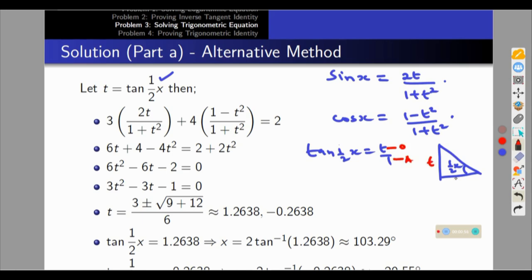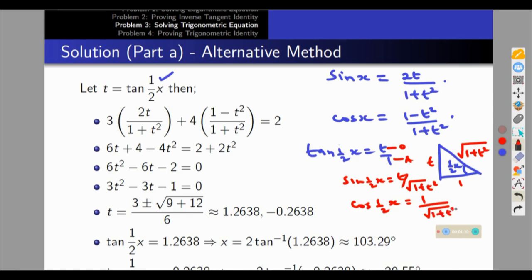So you have t upon 1. So this one here will be the square root of 1 plus t squared. So from here you will be able to get sine a half of x, which is t upon the square root of 1 plus t squared. You will be in position to get cos a half of x, which is 1 upon the square root of 1 plus t squared.